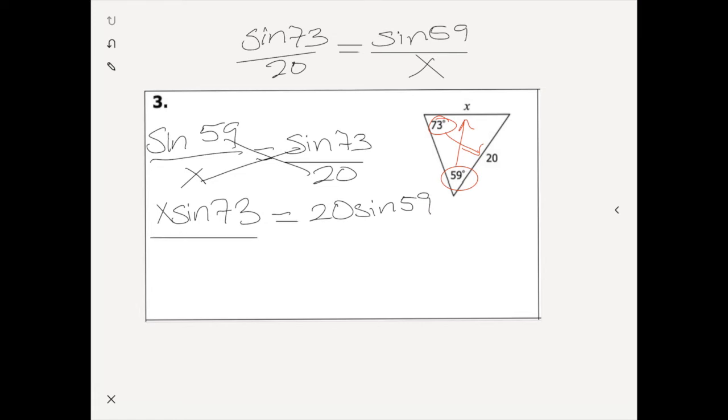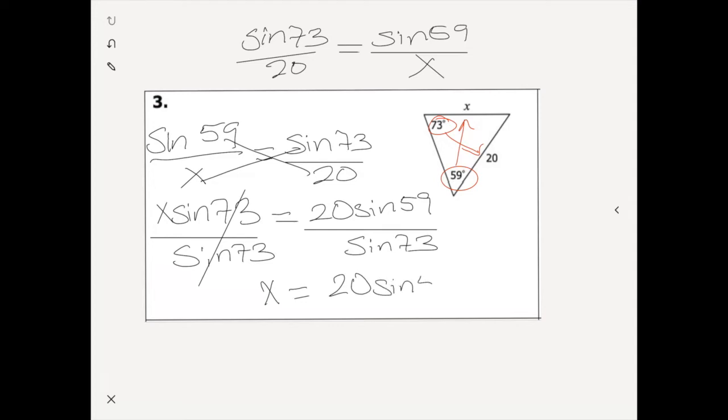Now we're going to divide both sides by the sine of 73. These cancel, and we're left with x is equal to 20 times the sine of 59 over the sine of 73. And if you put that in a calculator, you should get 17.9 for the decimal.